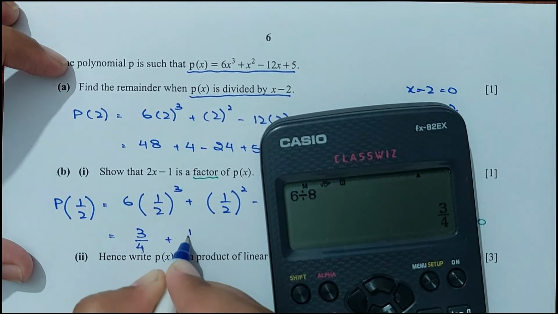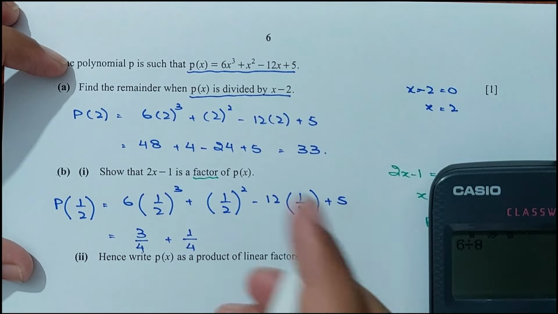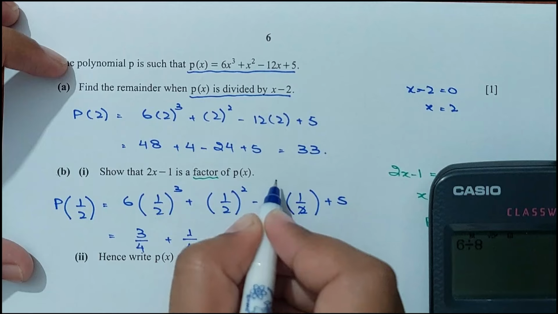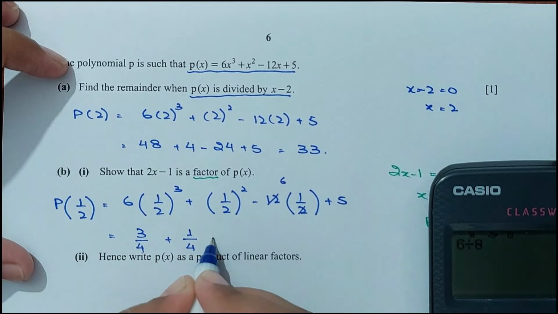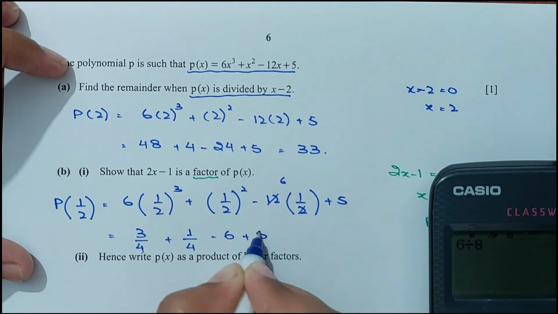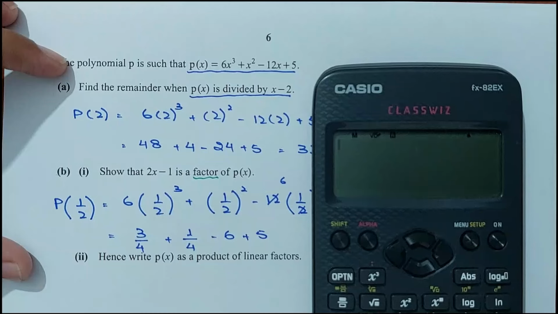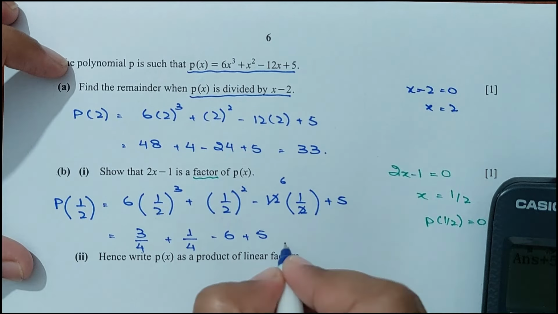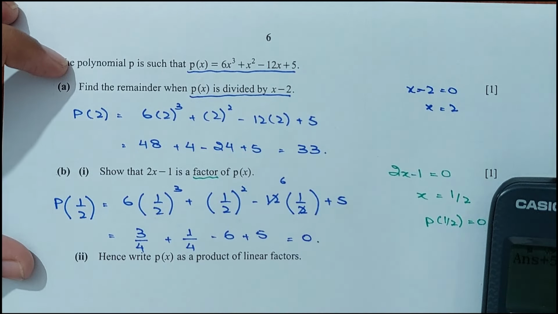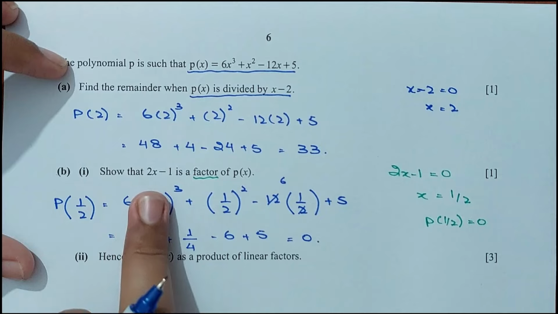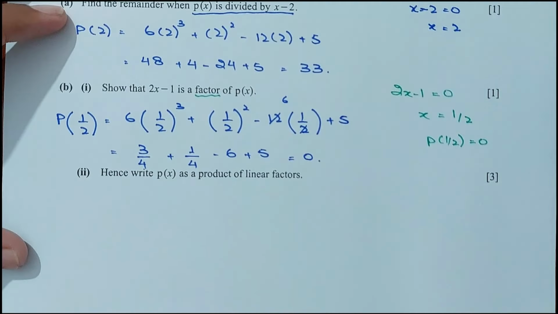This is 1 square is 1, 2 square is 4, and 2 times 1 is 2, 2 times 6 is 12, negative 6 and positive 5. Simplify, we have 3 by 4 plus 1 by 4, negative 6, positive 5. This would be equal to 0. So this is proved. It is shown that 2x minus 1 is a factor of p of x.